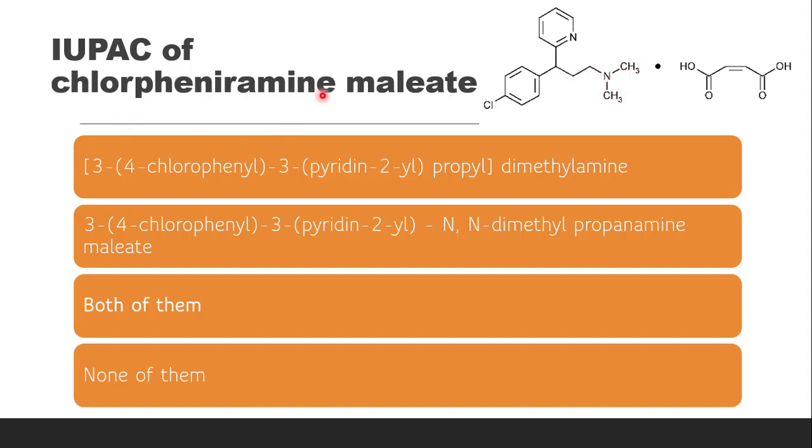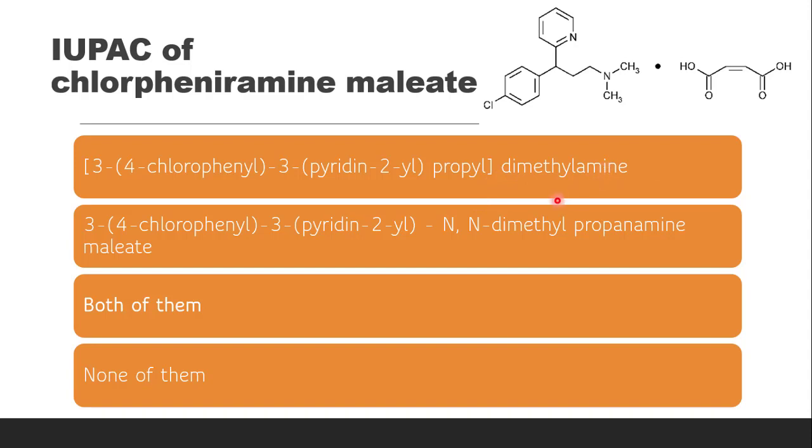Since chlorpheniramine belongs to the class propylamine, which is also known as alkylamines, it can be named in two ways.